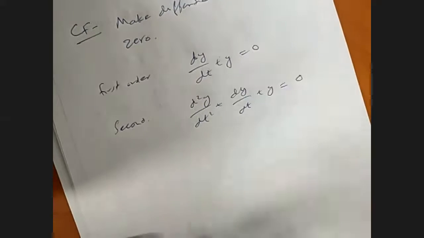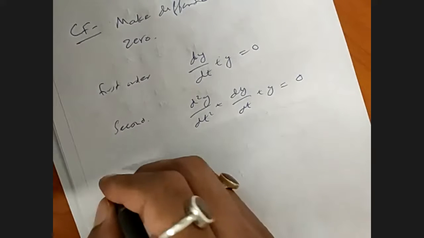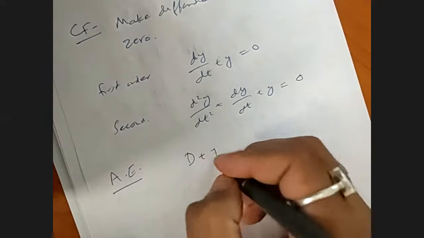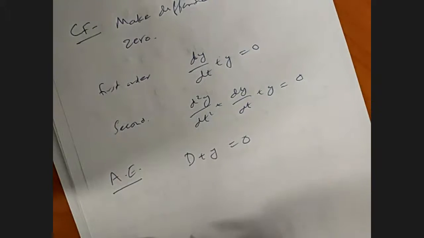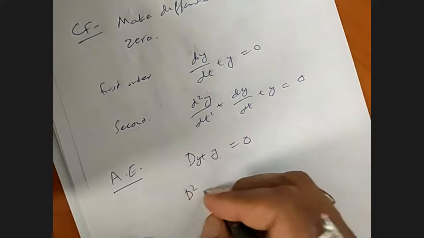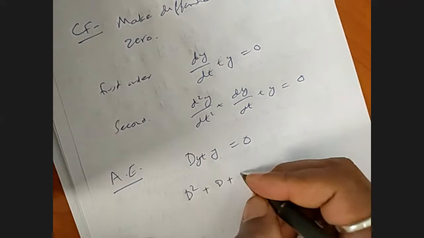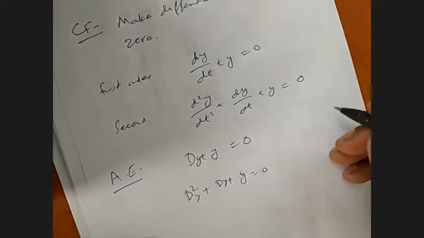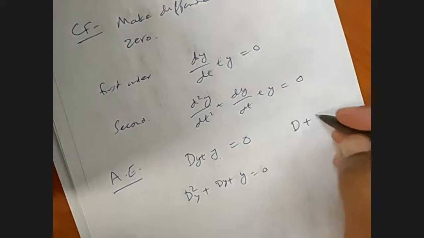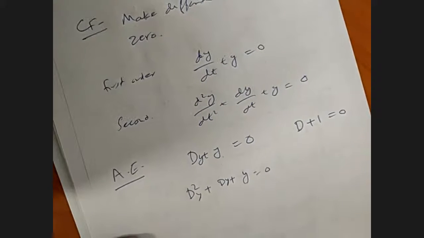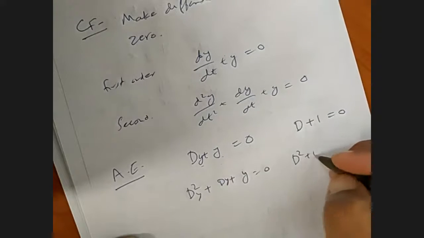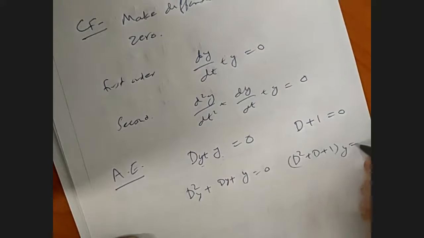And now we will solve this equation and write the auxiliary equations as d plus 1 equal to 0, or d square plus d plus 1 equal to 0, because we take y common, so it becomes d square plus d plus 1 times y equal to 0.